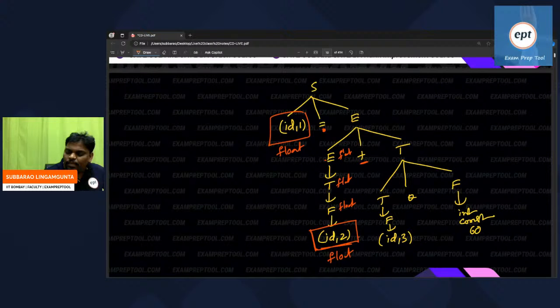So to do this plus operator, the left side is float, so the right also must be float.